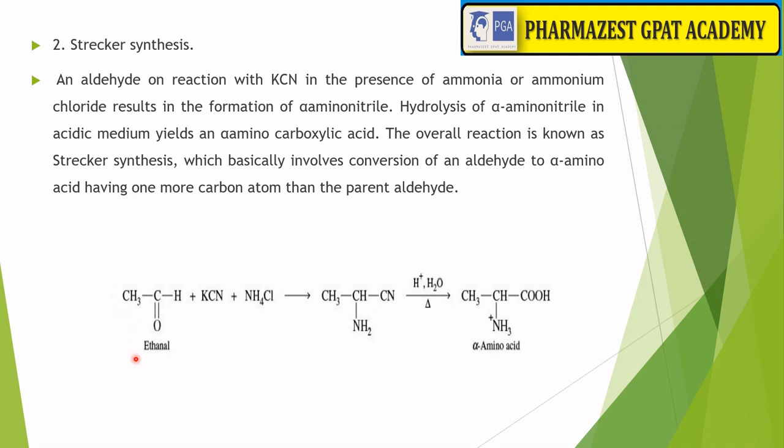For example, the aldehyde taken is ethanal, which contains 2 carbon atoms, and the resulting alpha amino acid contains 3 carbon atoms, as stated above. These are the 2 important methods for the synthesis of amino acids.